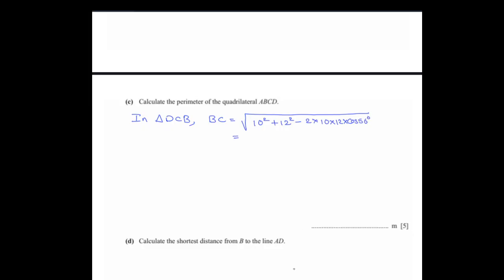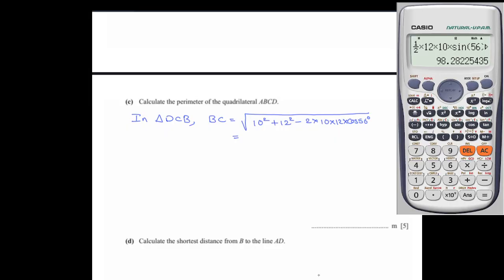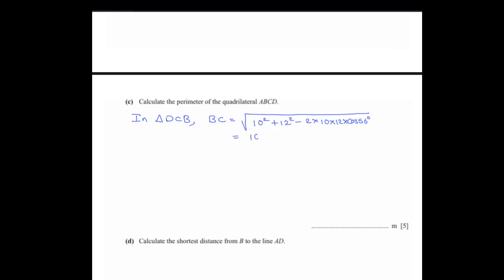Find out: square root of 10 square plus 12 square minus 2 into 10 into 12 into cos 56. 10.478. So we can take 10.48 meters. This is BC we got.